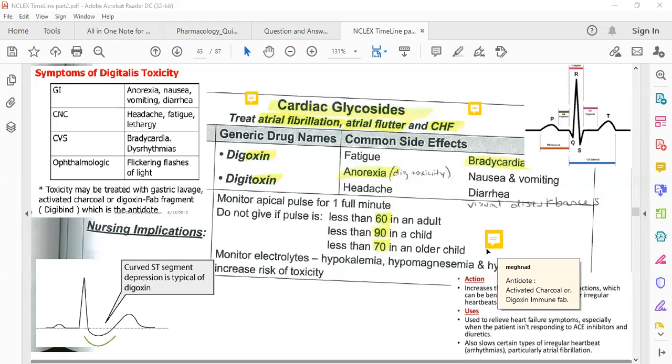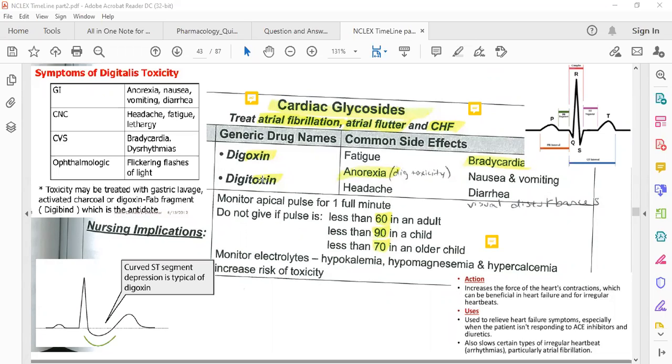If the patient is toxic, give activated charcoal or digoxin Fab. Toxicity may be treated with gastric lavage, activated charcoal, or digoxin Fab. Some books say DigiBind, which is an antidote of digoxin toxicity.